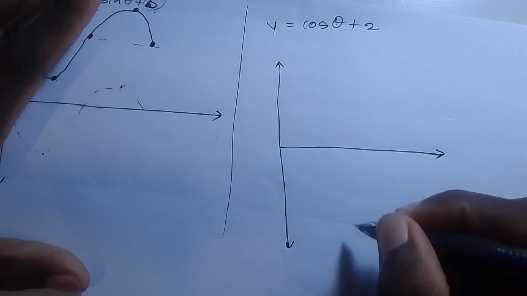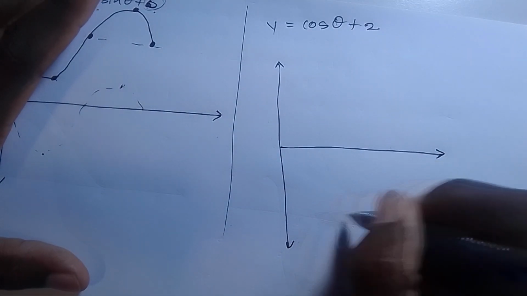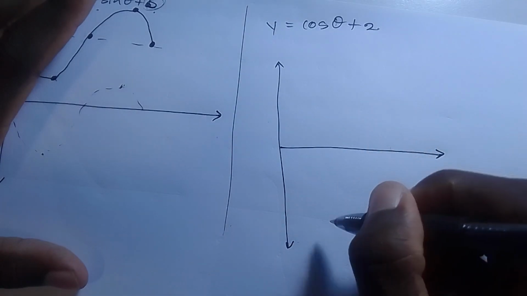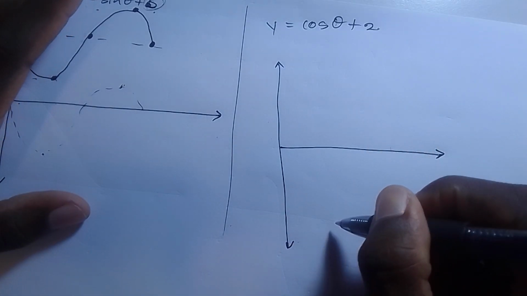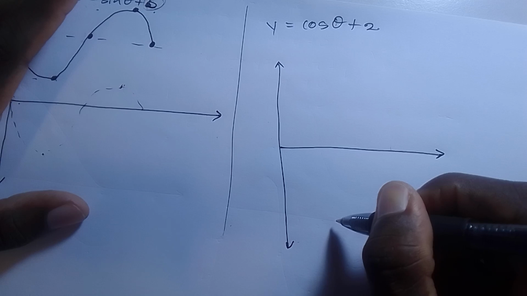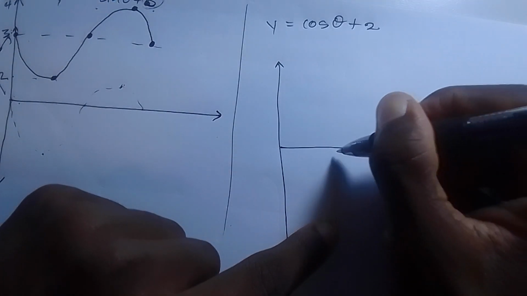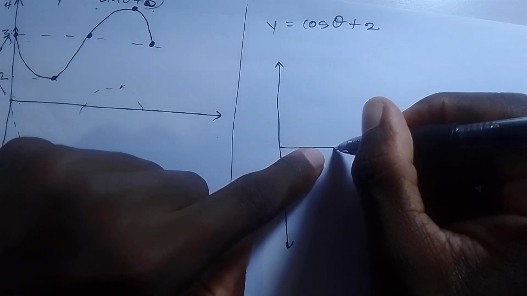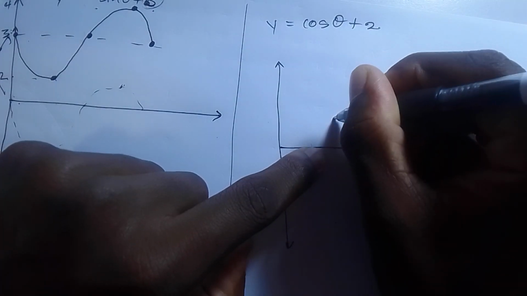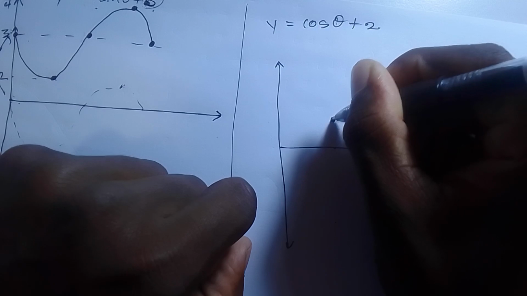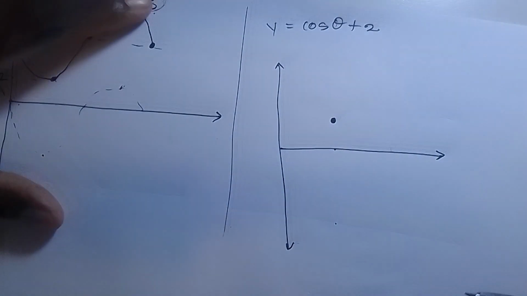Now think about the minimum. The minimum for the normal graph was going to be -1. The minimum now is going to go up by 2 units, so it goes up by 1 and another unit, 2. The minimum will be there. This is a shorter way of doing it.